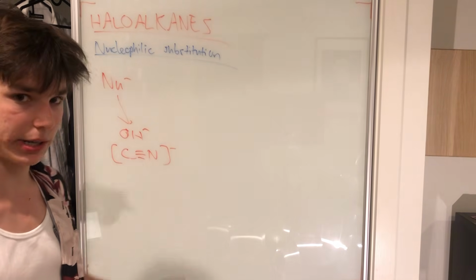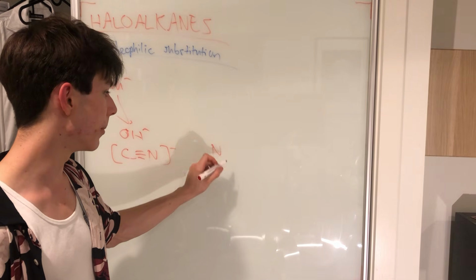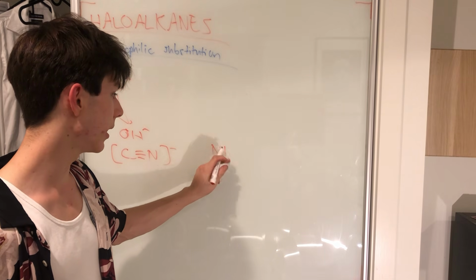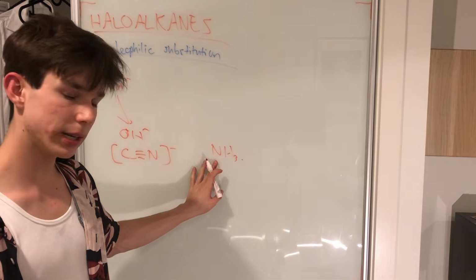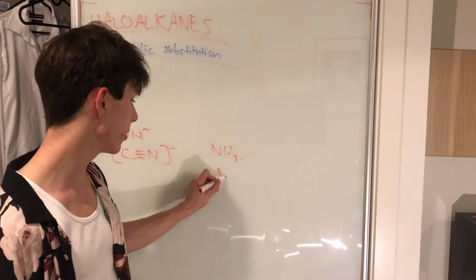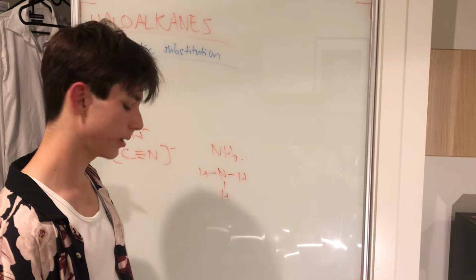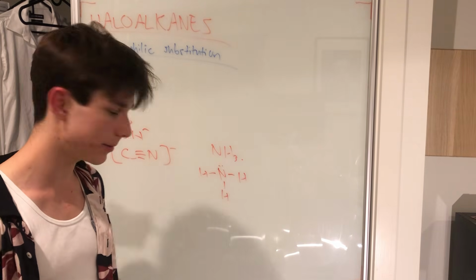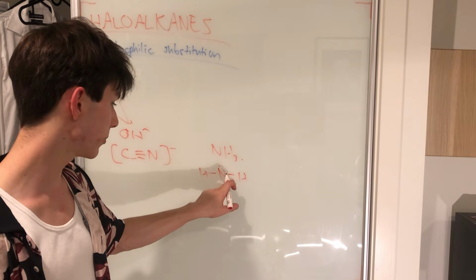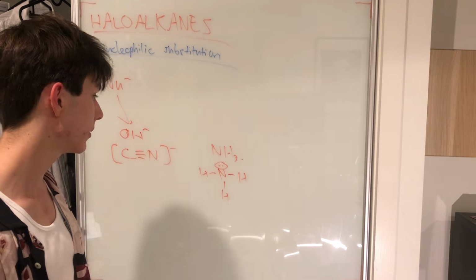It doesn't have to have a negative charge, so if you think about something like ammonia, NH3, doesn't have a negative charge, neutral molecule, and as we know, nitrogen forms 3 bonds with hydrogen. But there is a non-bonding pair of electrons here. If we remember the whole octet rule thing, yes, it forms 3 bonds, but it has a non-bonding pair of electrons that doesn't form a bond.